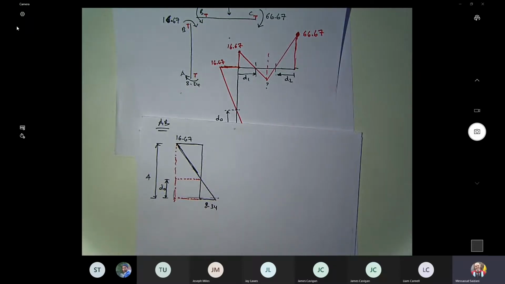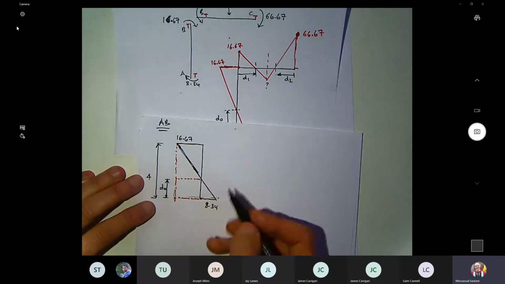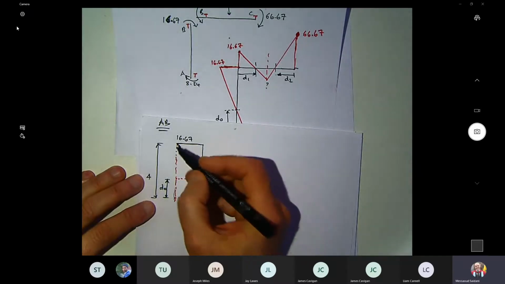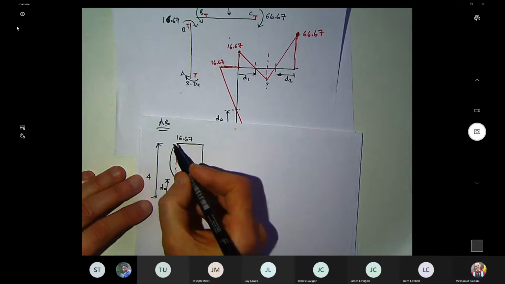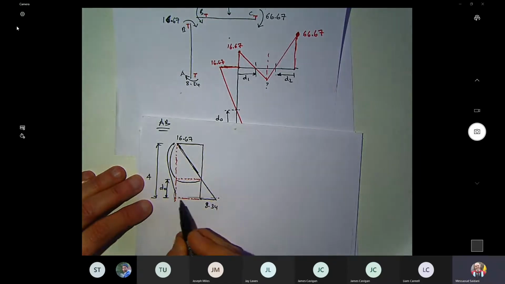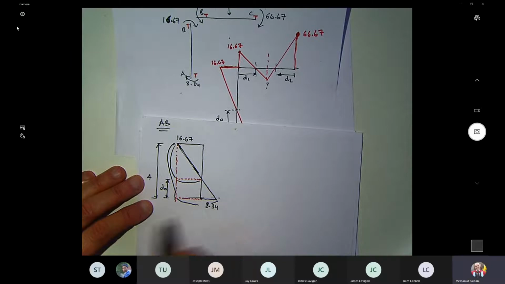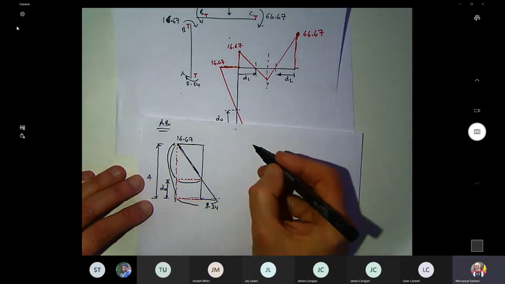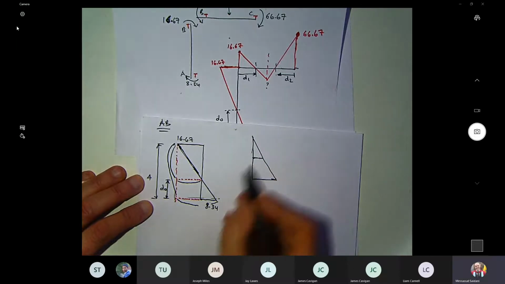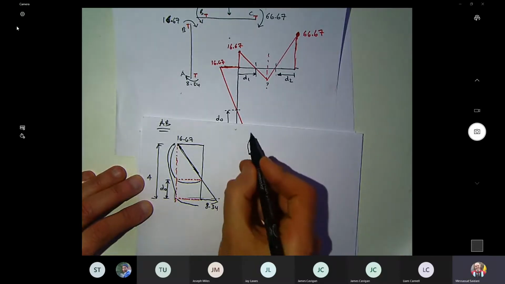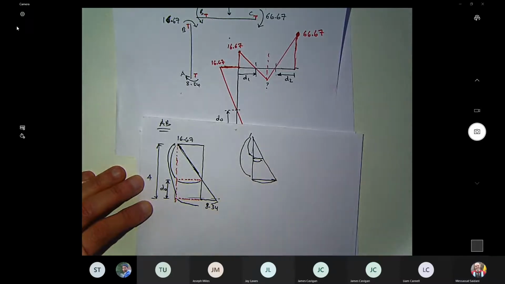So if these two triangles are similar, then this side divided by this is equal to this divided by this. You agree? Because they are similar triangles. Is that clear?